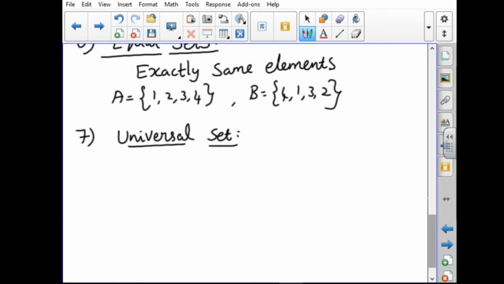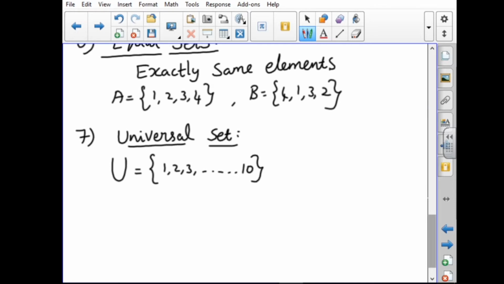Universal set. A universal set is a set which contains all the elements of all the sets under consideration. It is denoted by capital U. For example, we are taking 1, 2, 3 up to 10.